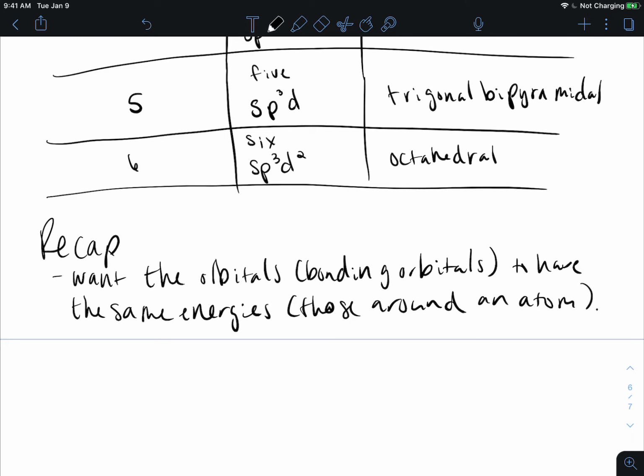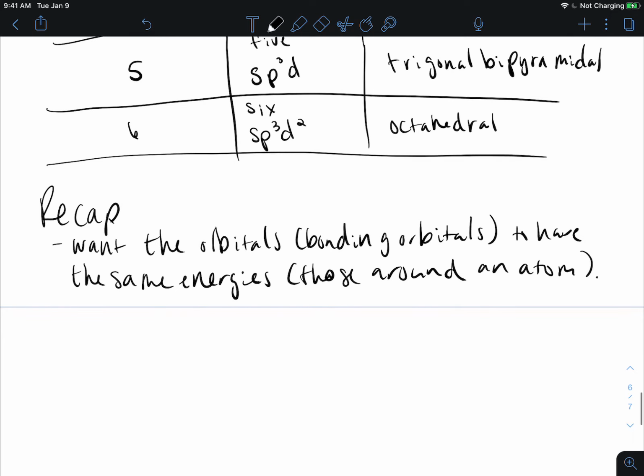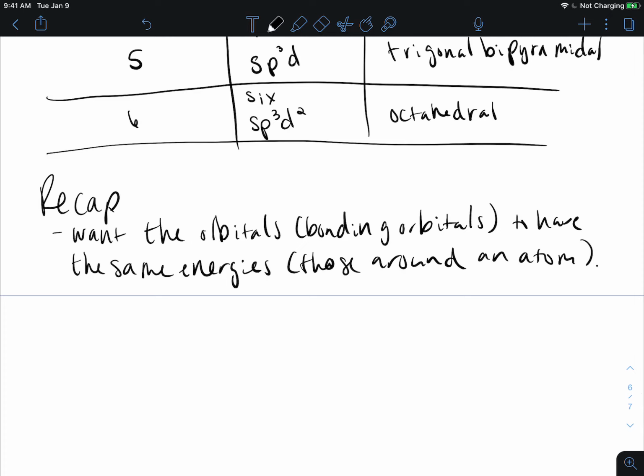Okay, so all the bonding orbitals for carbon should all have the same energy. All the bonding orbitals around sulfur should all have the same energy, right? So if we're talking about bonding with an s orbital versus bonding with a p orbital, they're going to have very different energies. So that's one of the reasons why we hybridize, in order to get orbitals with the same energy. We take all the orbitals we're going to bond with, mix them together, and then hybridize them so that they have the same energies.